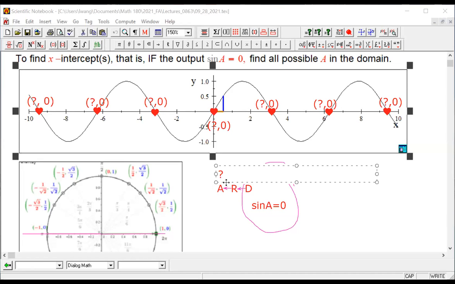How is A measured? Well, we know 0 is one of the solutions, right? And if we measure pi, sine pi is 0. So this is pi, and we keep going. If we measure this 2 pi, that's 2 pi.